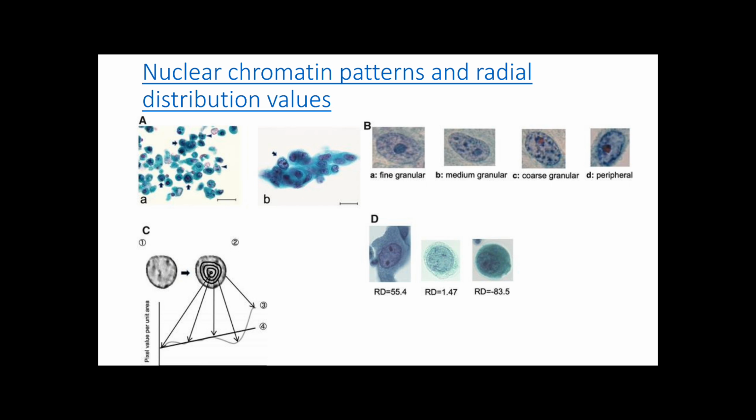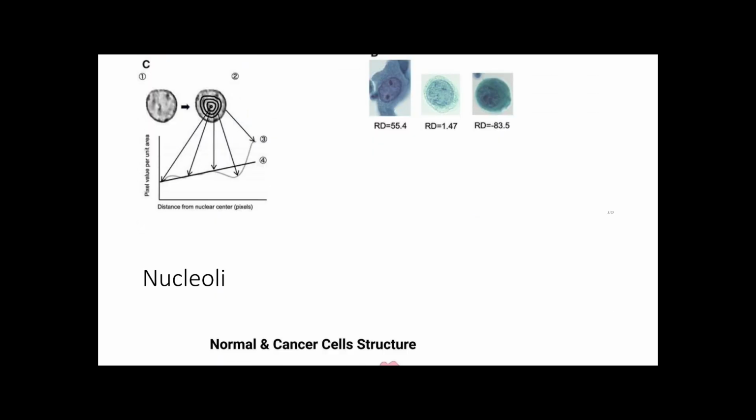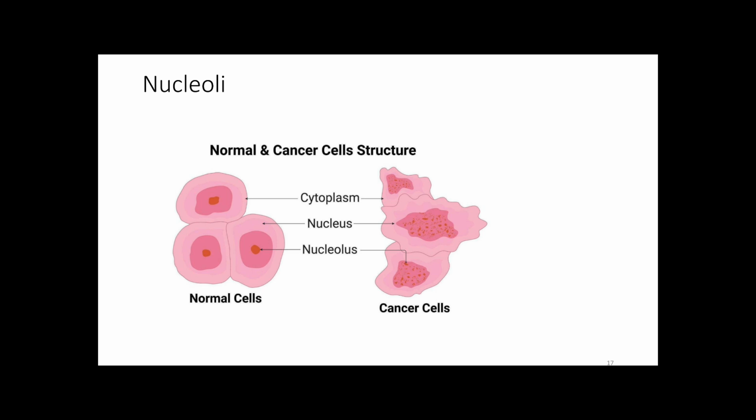In some abnormal cells, we can see very peripheral chromatin, where the chromatin lies along the nuclear membrane. So this is peripheral chromatin, and these are the abnormalities of the nuclear chromatin pattern and distribution. Now when we consider the nucleoli in normal and abnormal cells: normal cells contain nucleoli, but we cannot see them because the chromatin is compact and darker in color.